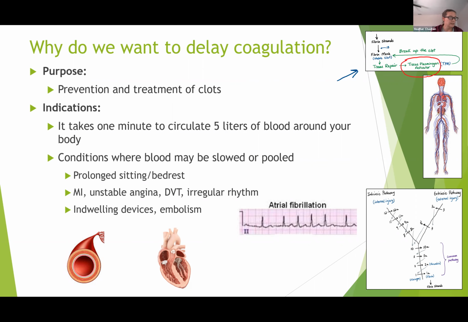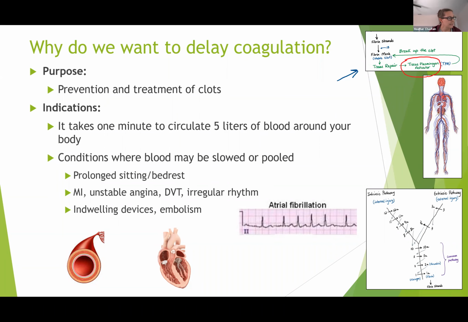It also allows the body to dissolve it on its own with its own TPA. So that's how it treats clots. For prevention, it prevents it from even forming to begin with. And the way it treats it is just preventing it from getting bigger and allowing the body to process the clot on its own using its own TPA.